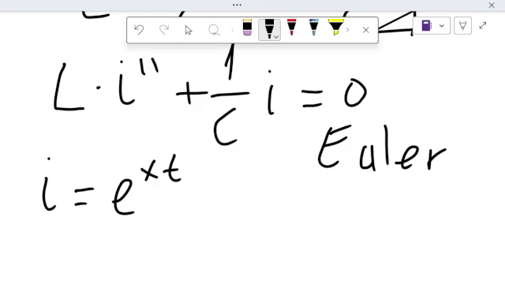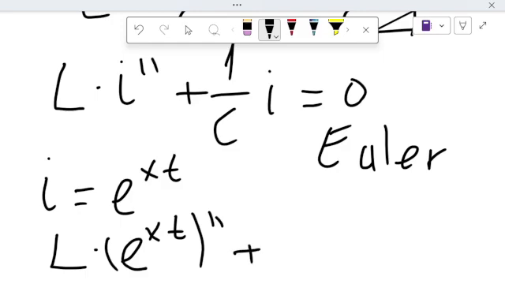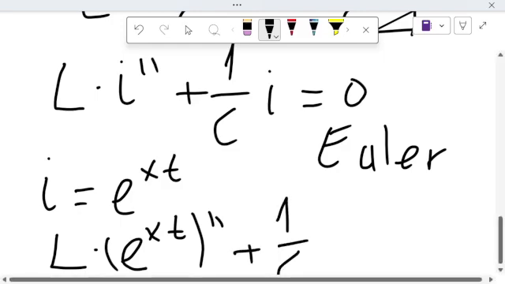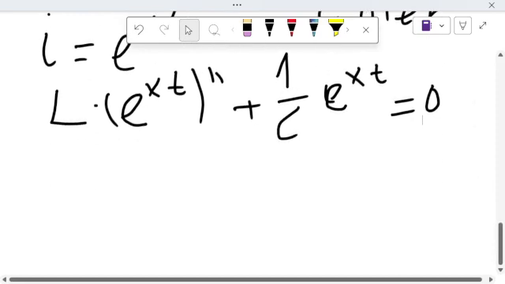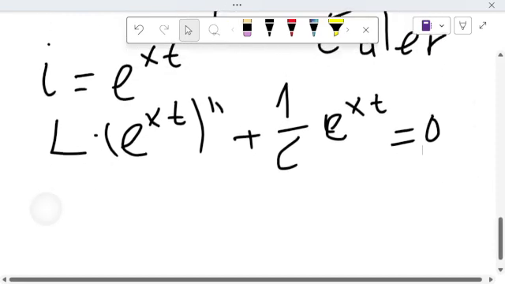So we have this at the second derivative plus 1 over C, and we do the calculation in that way.